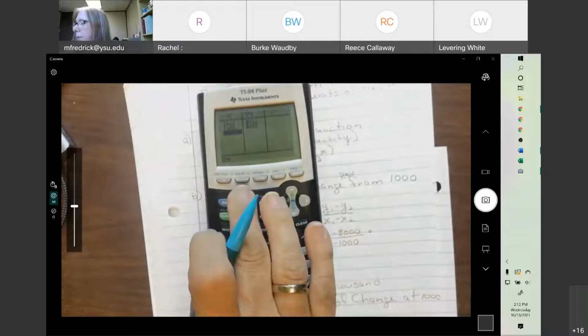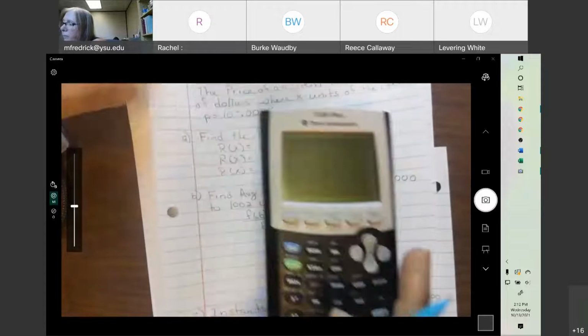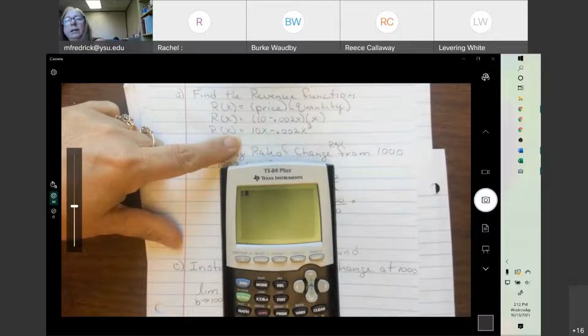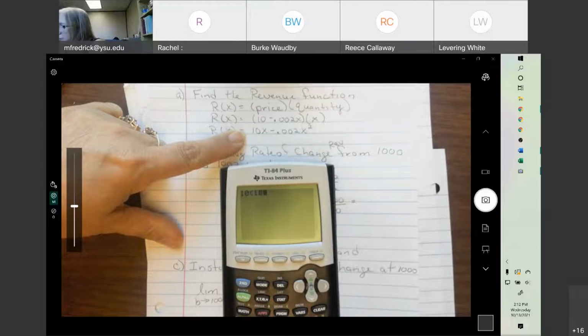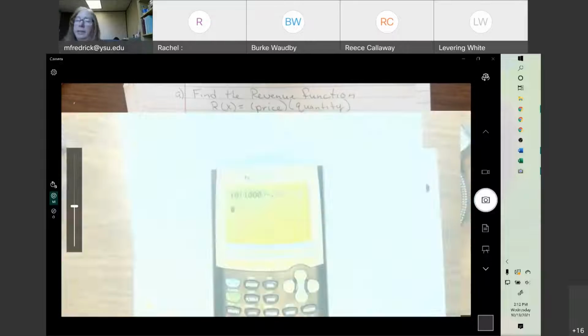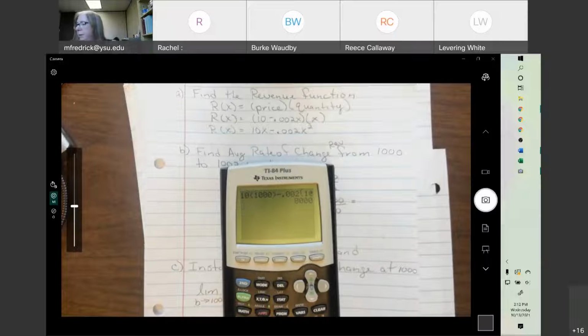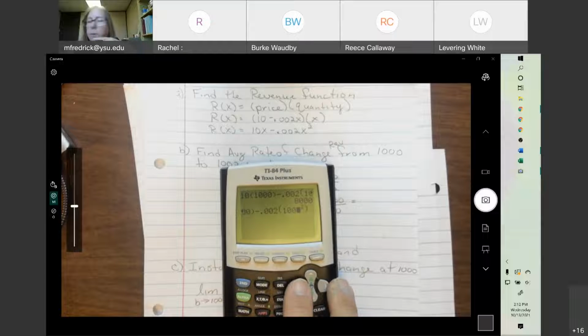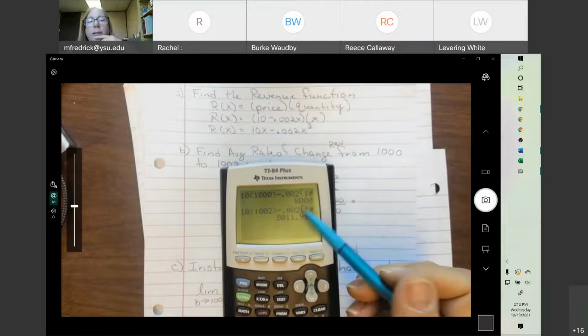Now you could have just plugged it in: 10 times 1,000 minus 0.002 times 1,000 squared, and you get 8,000. And then if you change that 1,000 to 1,002, you get the other one.